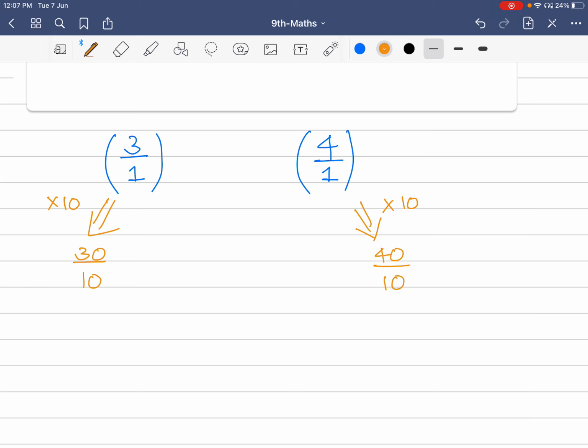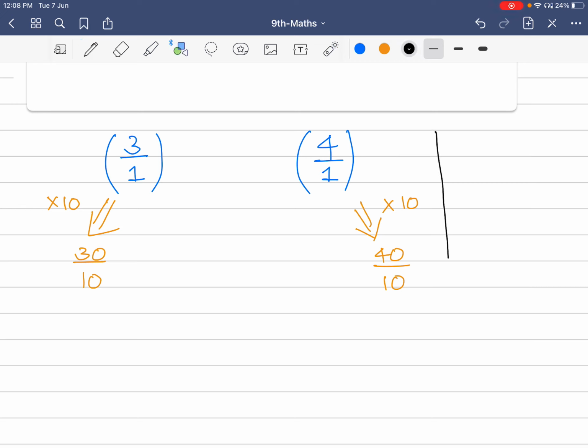So we know that these both representations are called equivalent rational numbers, because we multiply both numerator and denominator by 10. So 3 by 1 and 30 by 10 are equivalent rational numbers. Similarly, 4 by 1 and 40 by 10 are equivalent rational numbers. This is a very important term. Let me in fact make a note of it here.